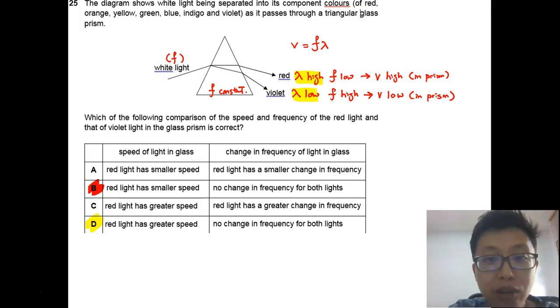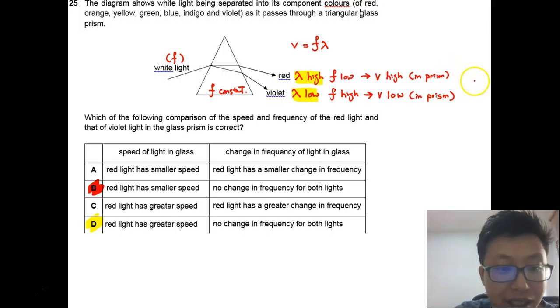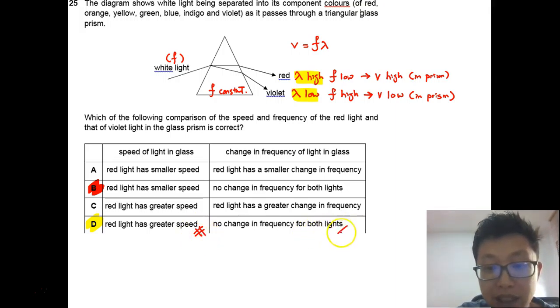So your red and violet light will bend differently because the speed is now different inside the prism. So if you have this understanding, then it is quite clear that your option D is correct, because red light has a greater speed and there is no change in frequency. The only difference is your wavelength.